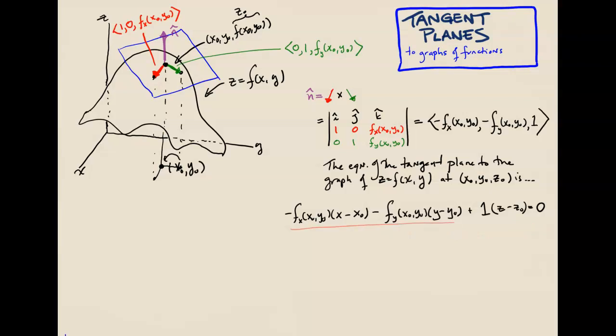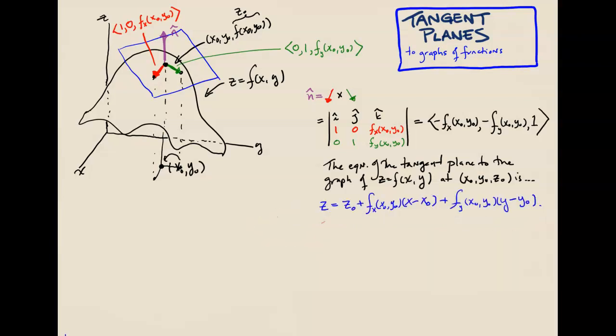You might want to review that if it is shaky. Anyway, we can put this into a somewhat tidier form. Let me move it up here and get the scaffolding out of the way. This makes a lot of sense. This isn't the sort of thing you should just memorize with no intuitive feeling for where this comes from. This is supposed to be satisfied by every point on this tangent plane. Well, we begin anchoring ourselves to this point right here, x0, y0, z0.